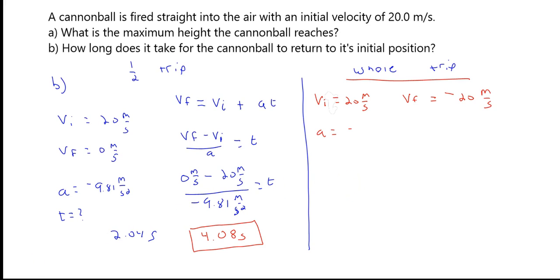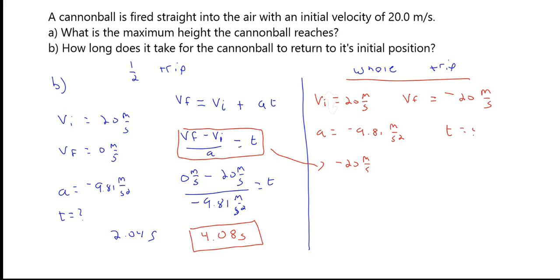Our acceleration is still negative 9.81 meters per second squared, just the acceleration due to gravity. And I am just solving for time. I'm going to use the exact same equation from before, so I'm just going to go ahead and plug in my values.